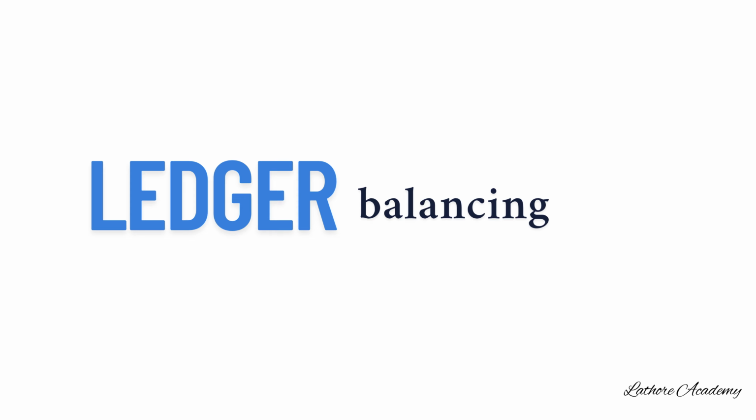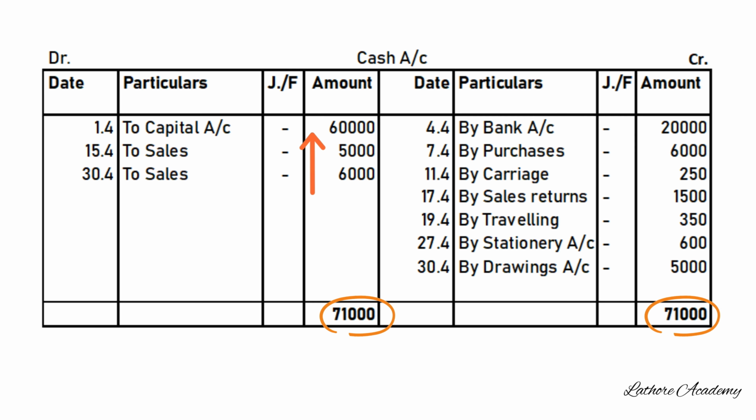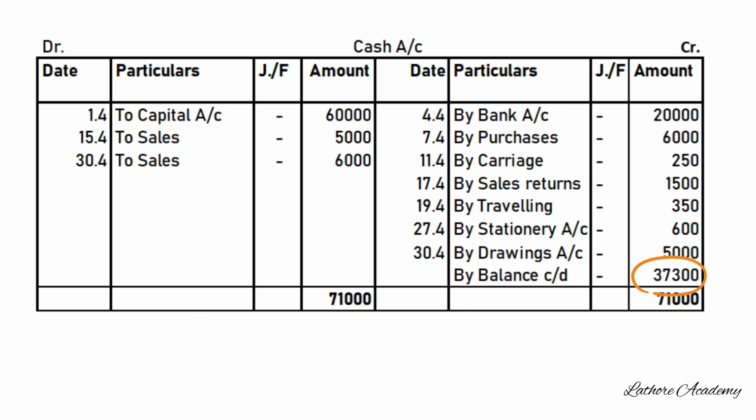So let us start balancing the cash account first. When compared the both side totals, the debit side total appears to be more, which is coming as 71,000, and on the shortfall, the credit side, we have to mention 37,300 as balancing figure by mentioning by balance carried down. So this will be the opening balance in the next period as to balance brought down.